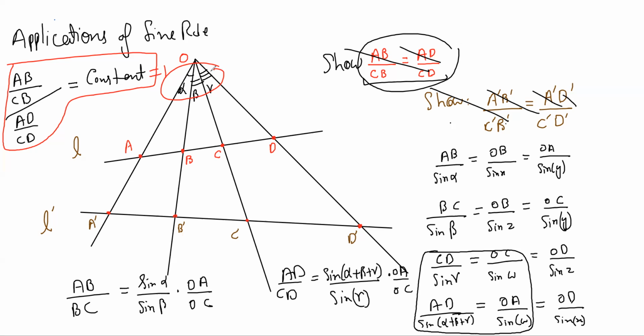Draw this situation on a piece of paper, and then tilt the paper, or change your perspective, so that you cannot see the point O. You can see everything else, but not the point O. In that situation, you will see that L and L prime will start to look parallel. Do you agree to this?